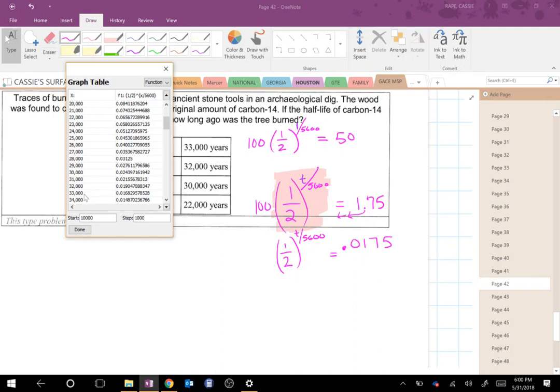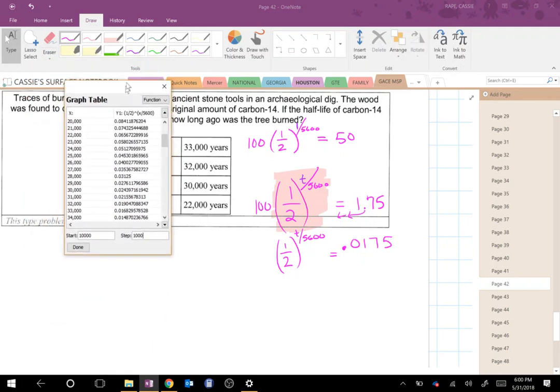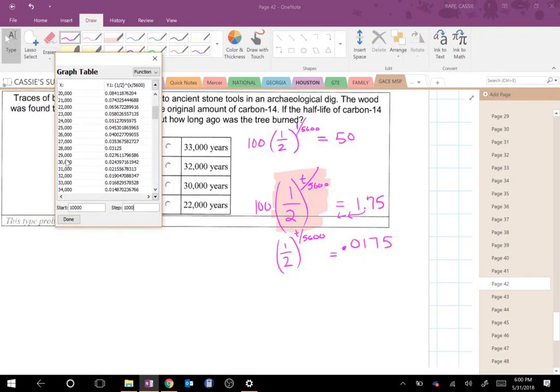It's definitely not 33,000, and it's definitely not exactly 32. Well, hold on, let's look. It's in between 32 and 33. So it's not 30 and it's not 22. I do know that. That is way different than the answers here.